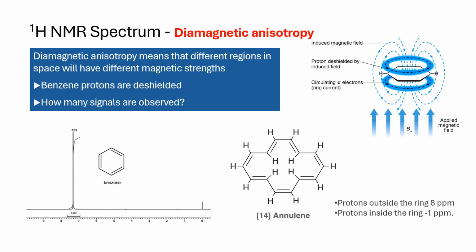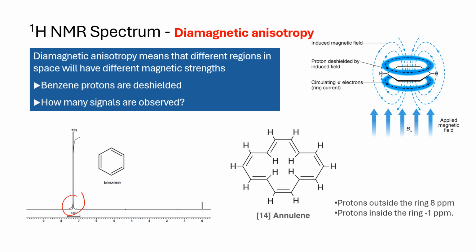Okay, so this diamagnetic anisotropy is saying that protons in different positions of these molecules feel the external field differently. Protons in benzene, on the outside, will be deshielded. That's why they are here between 7 and 8, as you can see, and they are identical.